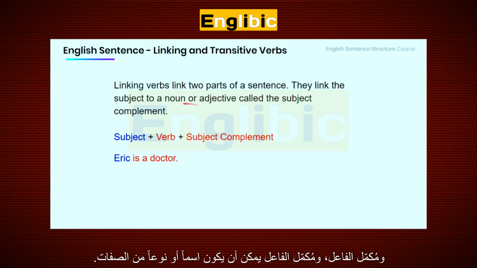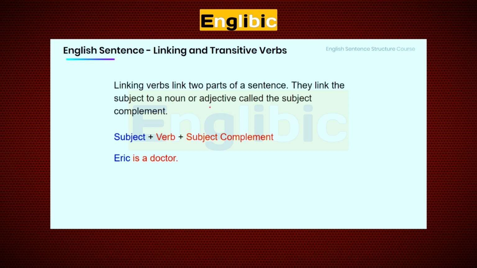And the subject complement would be a noun or some type of adjective. So here's the basic structure: subject, verb, subject complement. And here's our example sentence: Eric is a doctor, right? So here we're using a linking verb. There's no action. So we're not putting any action on this word here, a doctor, right? Eric is a doctor. This is a linking verb sentence.